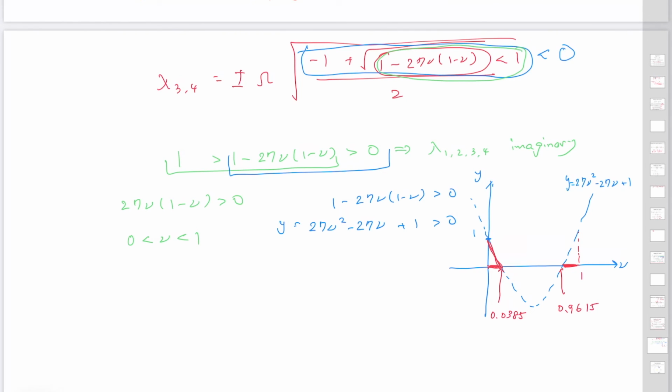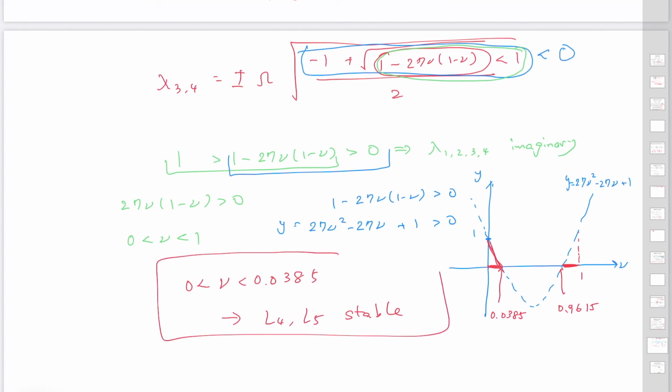So this means if you consider small nu, when nu is between 0 and 0.0385, then L sub 4, L sub 5 are stable equilibrium points. This is the condition for the stable equilibrium points for L sub 4 and L sub 5.